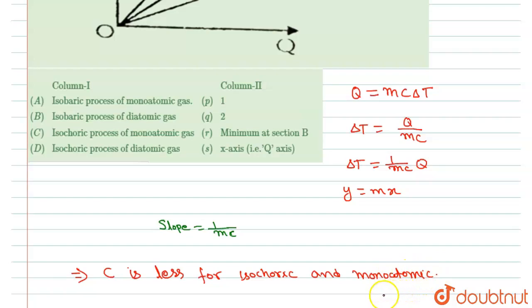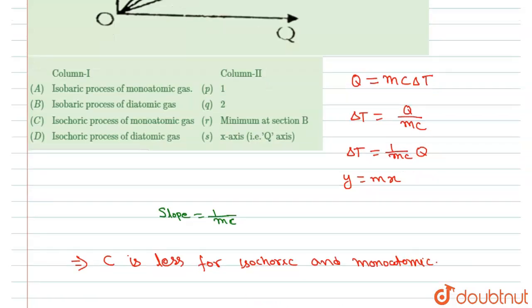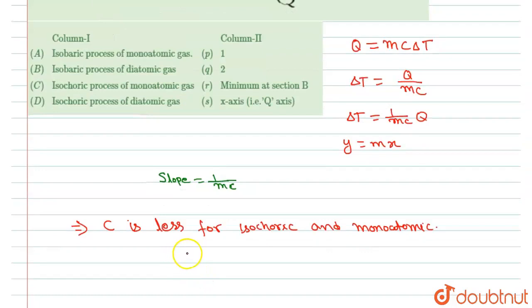For this, CV is equal to 3 by 2 R. So C is less for this process, which means the slope is maximum for this.